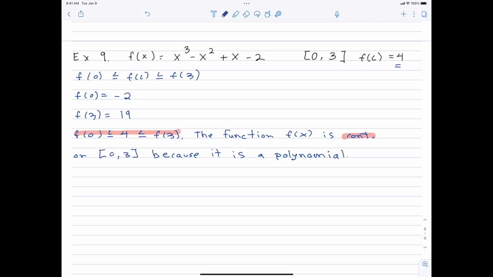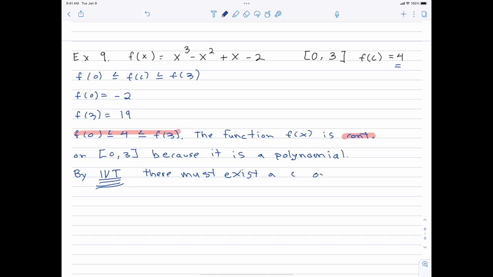So all I'm going to say is, you have to name the theorem. So by the intermediate value theorem, don't forget, name your theorem. So by the intermediate value theorem, there must exist a c. Where is this c?